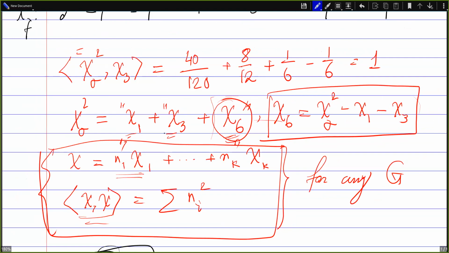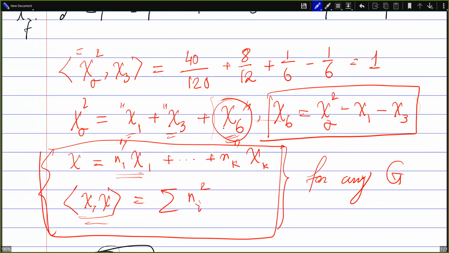Inside chi sigma square, chi 1 appears 1, chi 3 appears 1, and since the inner product of this with itself was 3, there will be exactly one irreducible character with multiplicity 1.